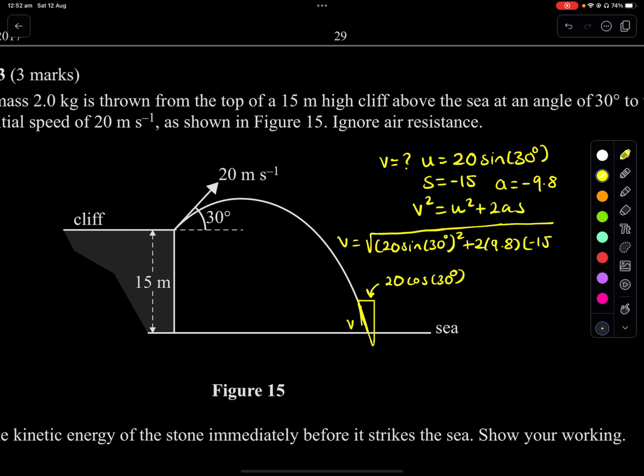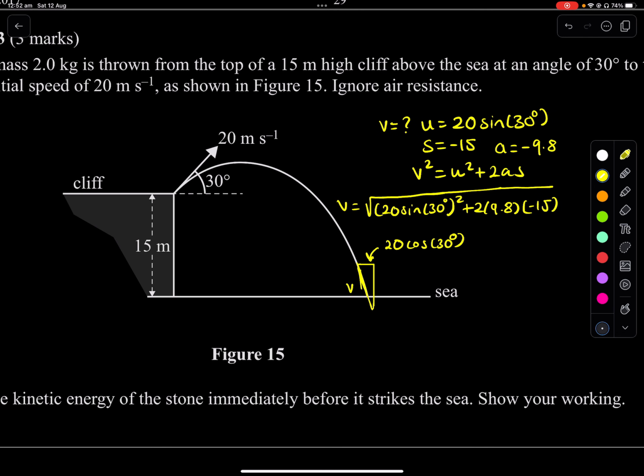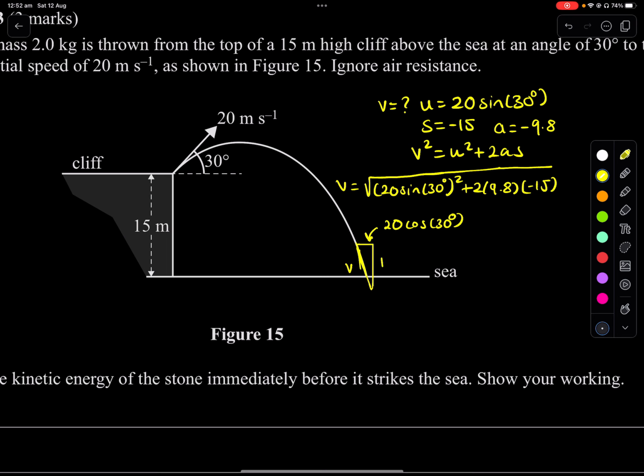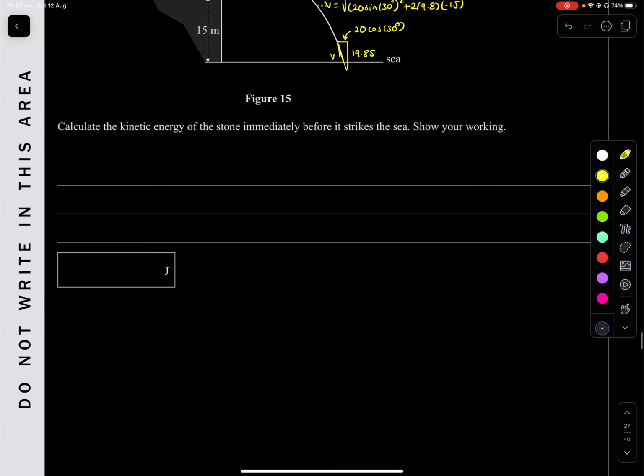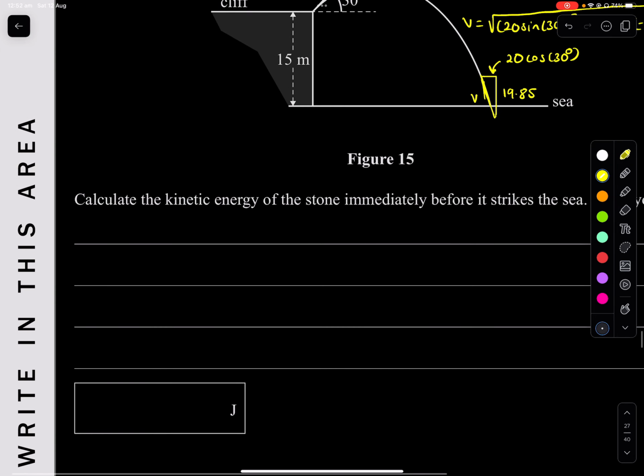s is negative 15. If I do that in my calculator, 20 sine 30 squared plus 2 times negative 9.8 times negative 15, that gives us 19.8. This is supposed to be 19.85, somewhere around that. So we know these two, and if we use Pythagoras theorem to find the velocity, let me bring it back to the original.